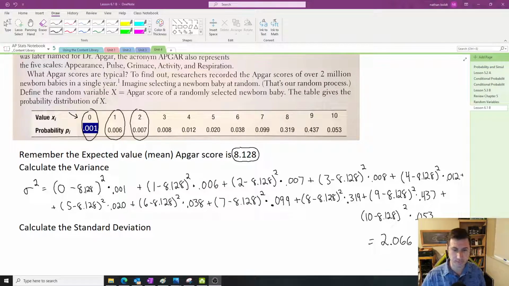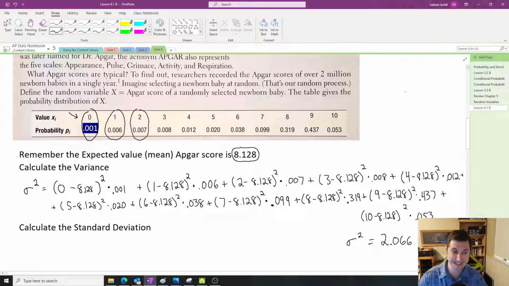And voila, there is the entire formula there. Check yours, make sure you get it. When you hit enter, you should get a variance here of 2.066. All right, now that is the intermediate step.